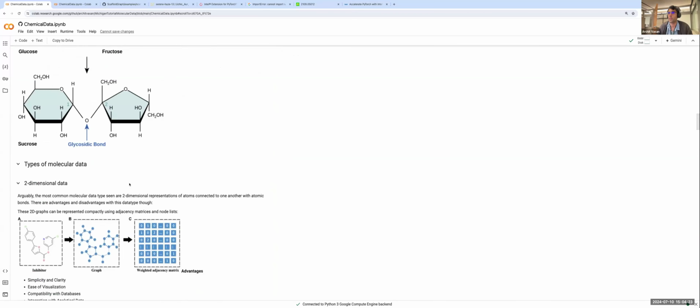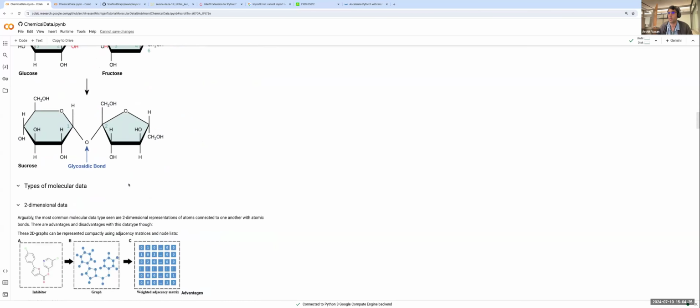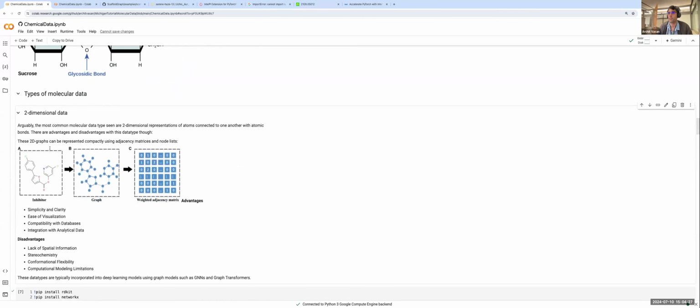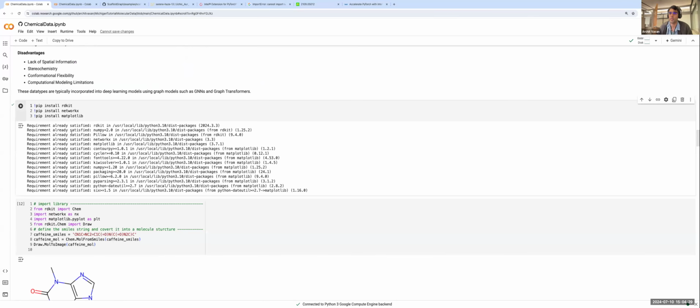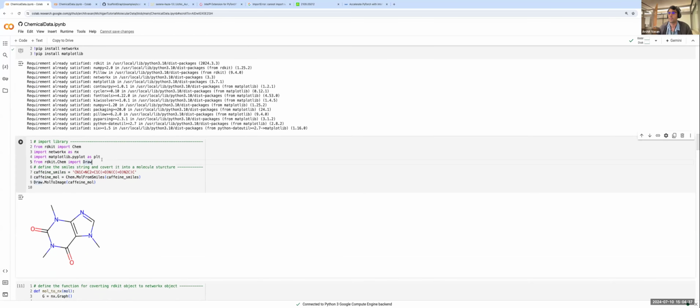So we can go back to this part right here where we're talking about the 2D data, and we can actually generate and see how these graph structures look at these compounds. This is just taking in caffeine, and first I'm going to draw it using RDKit.